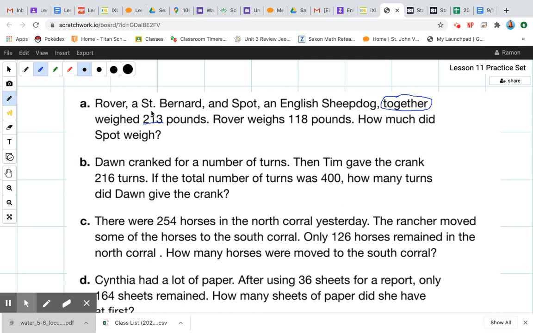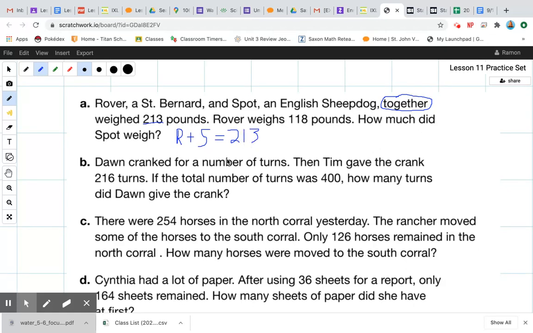What we can gather from that information is that Rover, which I will use R to represent, and Spot, which I will use S, together, meaning in this case addition, weighed a combined 213 pounds.